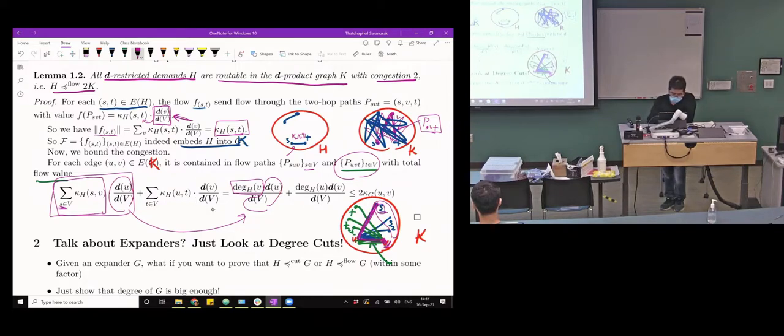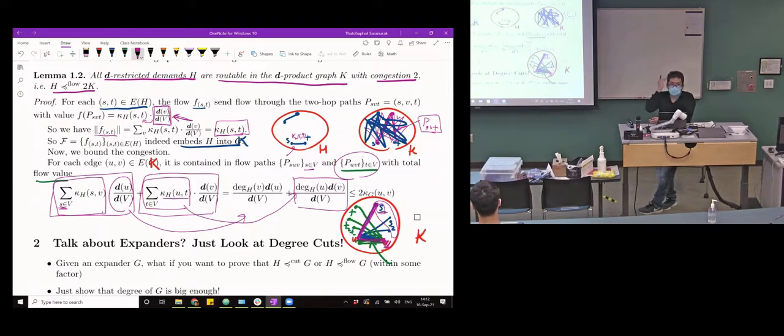And the same thing for T. You're summing up over all T the demand between U and T with this scale. Then you have this thing. This sum is the degree of U in H.